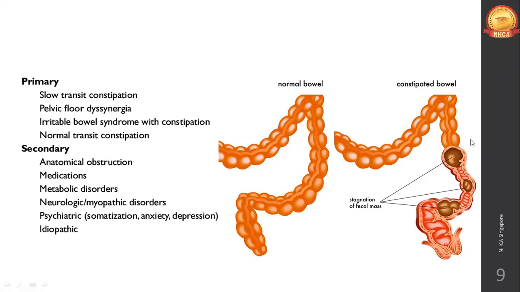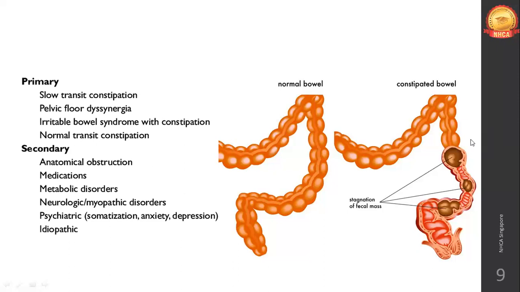Okay, when this synergy is not there, many parts are contracting together while all the other parts are in relaxed form, that is a dysynergy. Okay, so that is pelvic floor dysynergia. Irritable bowel syndrome: those who suffer from IBS with constipation usually have this spastic constipation.